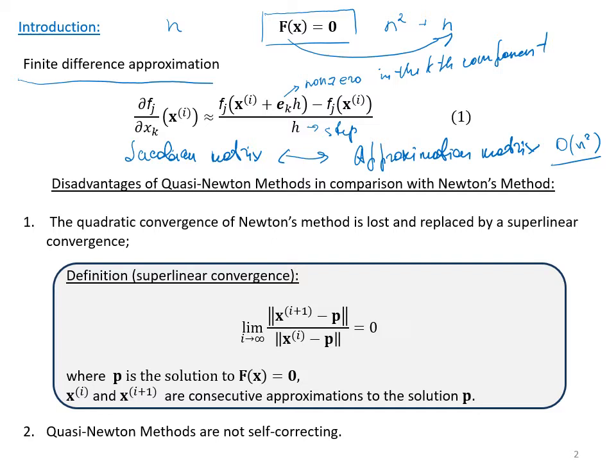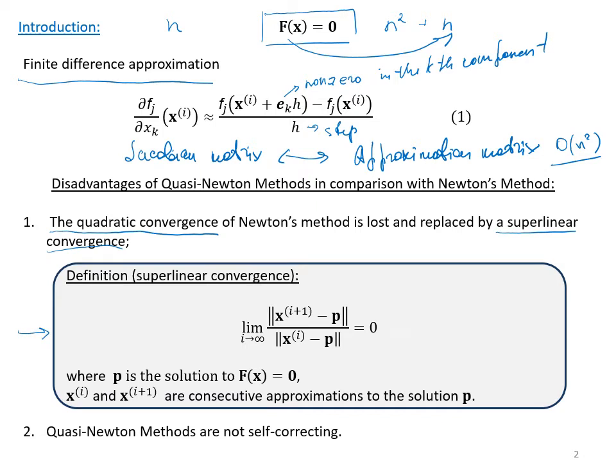Unfortunately, this approach contains some disadvantages. First of all, we lose the quadratic convergence. As we remember, Newton's method has quadratic convergence, and unfortunately, Broyden's method has just superlinear convergence. What is it? Here is the definition of superlinear convergence.